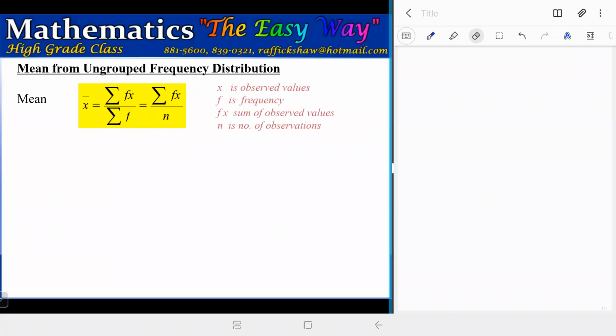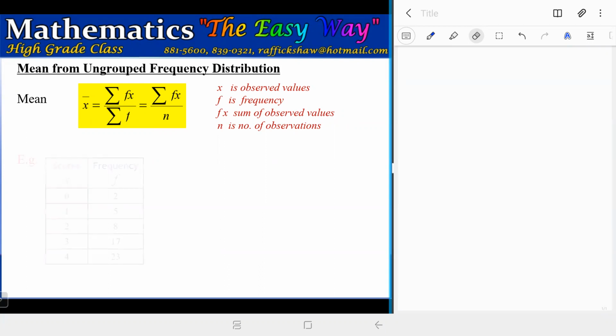All right, let's see there. X represents the observed values, f represents the frequency, fx is the sum of the observed values, and N is the number of observations, the number of values in the distribution.